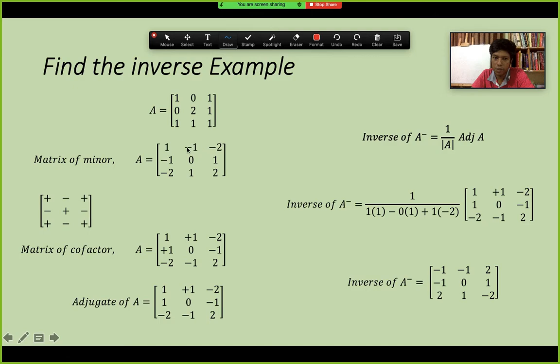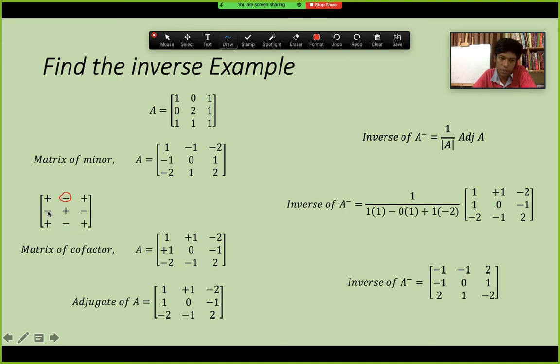Notice that we did not change any sign in this calculation because there are many terms here. So we will change all the signs in one go. And the convention for changing sign is easy: plus minus plus, minus plus minus, plus minus plus. So see, first line, only this one is minus, like our normal regular rule.